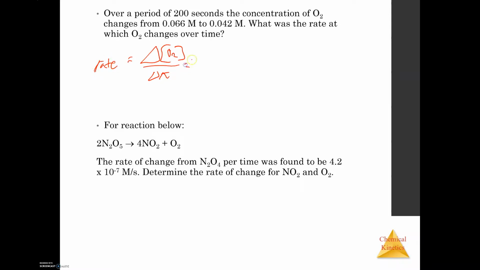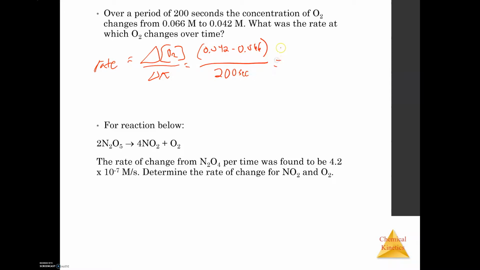Now the change in concentration, remember change means final minus initial, so we're going to have 0.042 minus 0.066 divided by, they say over a period of 200 seconds, so that's 200 seconds.